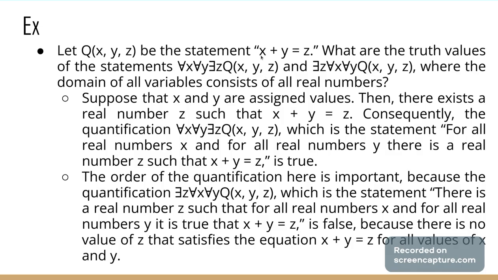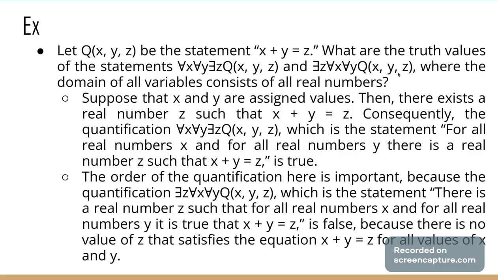So if we have some value of x plus y, there is a z value in real numbers for which this equation is satisfied. But I cannot say that there is one z value for which all x and y values satisfy x plus y, the result of the addition of two real numbers. So the second statement is false.